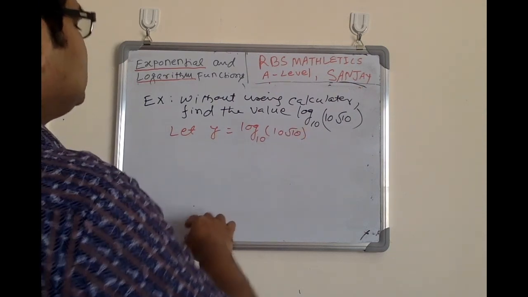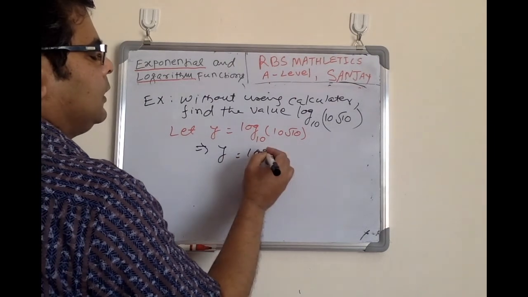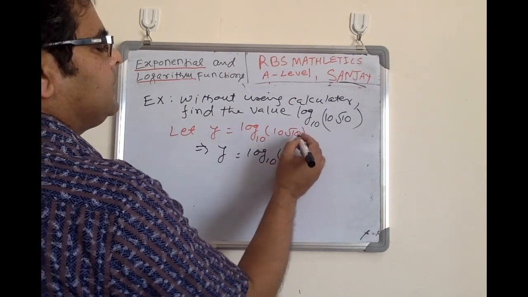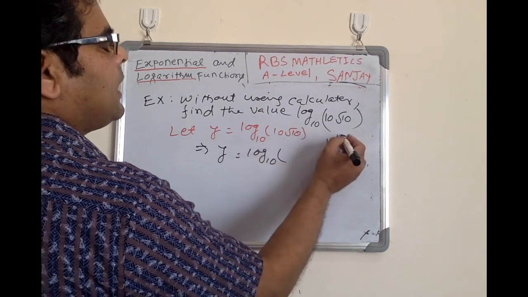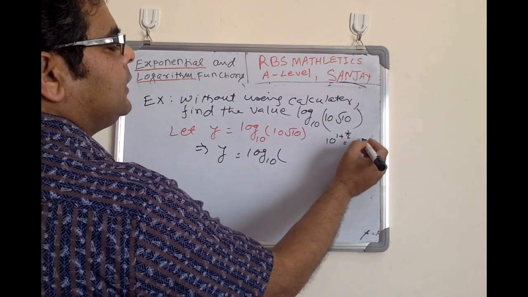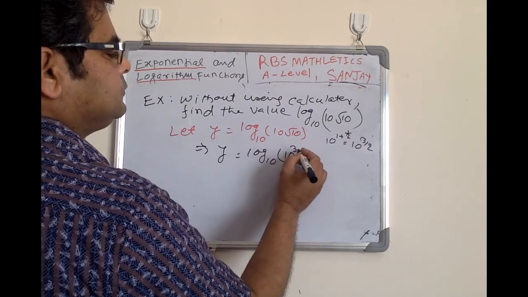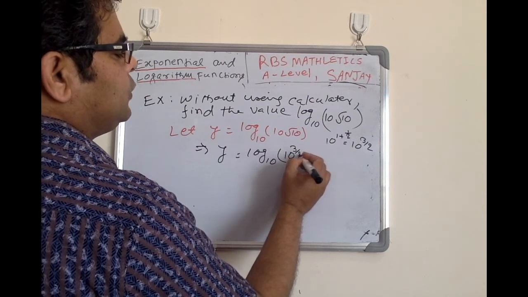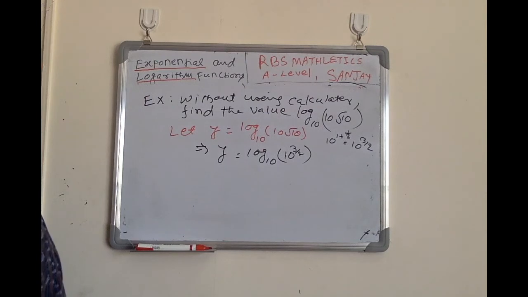It is better if you rewrite this: y equals log base 10 of 10 to the power 1 times 10 to the power half. There is 10 to the power 1 and another power of half, 1 by 2, so it is going to be 10 to the power 3 by 2, since 1 plus half is 3 by 2.